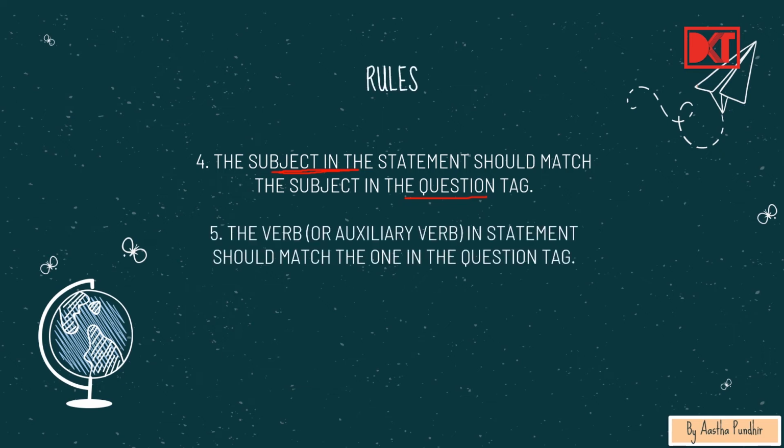And here, the verb or the auxiliary verb in the statement should match the one in the question tag. So again, the same thing, that the subject as well as the verb should match their counterparts in the question tag. Okay. Statement and question tag दोनों में same verb, same subjects we should use. These are the basic fundamentals for forming the correct question tag.